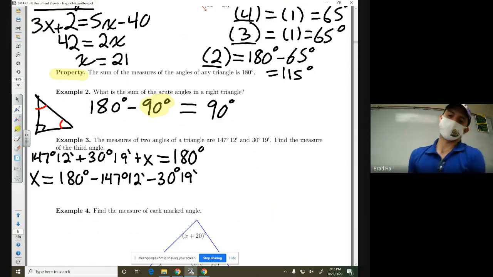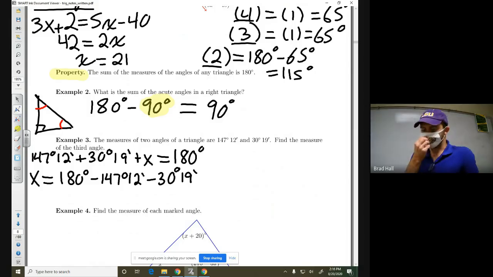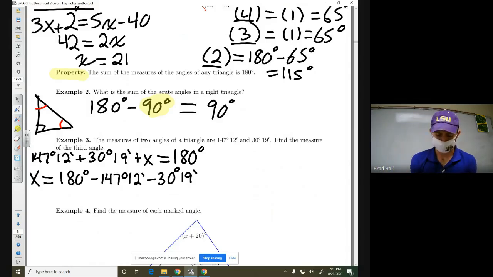Now you might think, oh man, I have to do that in the calculator now? Wasn't subtracting the degrees, minutes, seconds a pain? I told you how to do it in the calculator. So guess what? You get to do it in the calculator. So I told you how to put degrees, minutes, seconds in the calculator. Again, I'm not going to show you how to do that right now. You can ask me after class if you get tripped up.